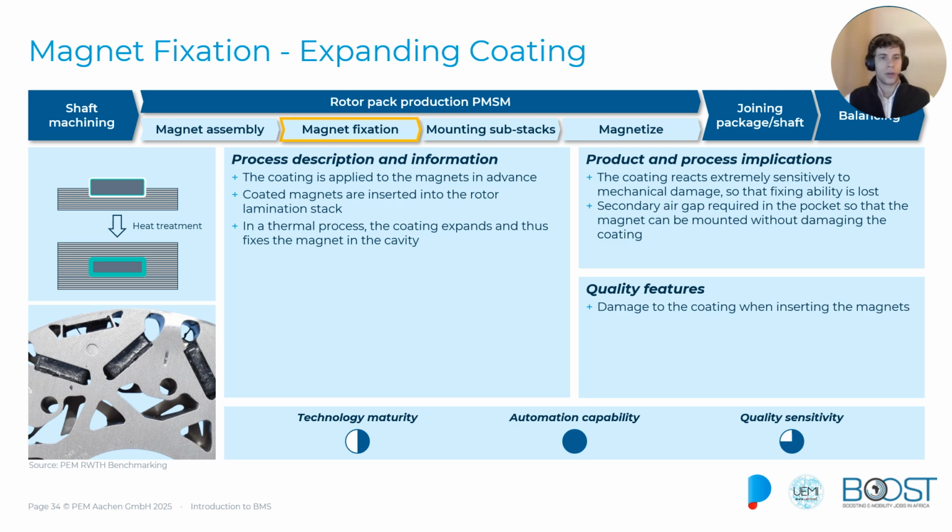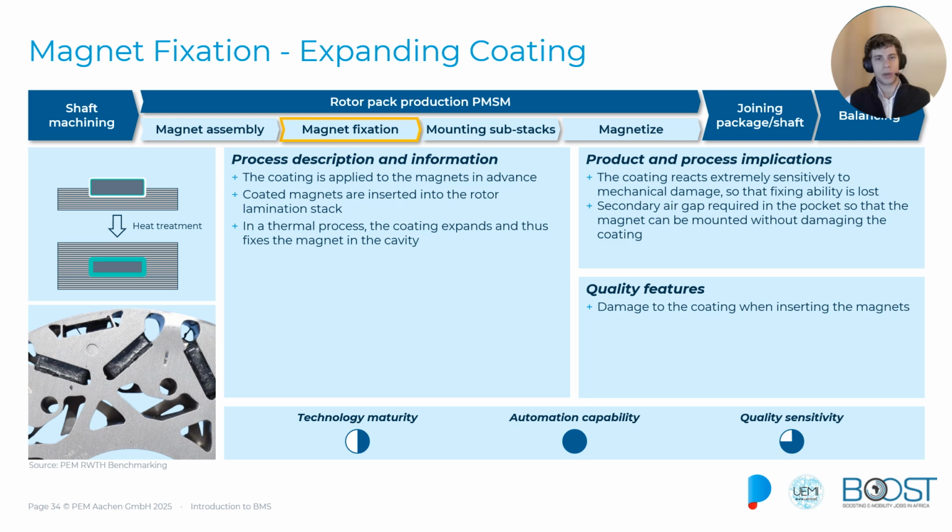Another alternative is magnet fixation by expanding coating. It involves applying a special coating that expands to secure magnets in place. The process begins with positioning the magnets on the rotor.